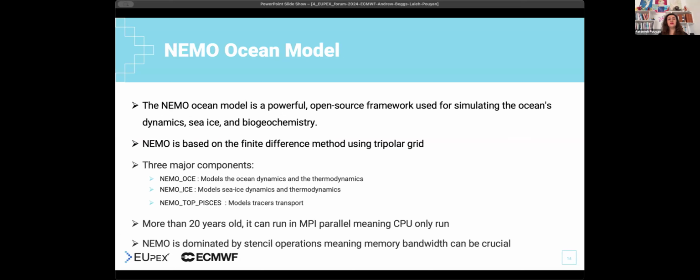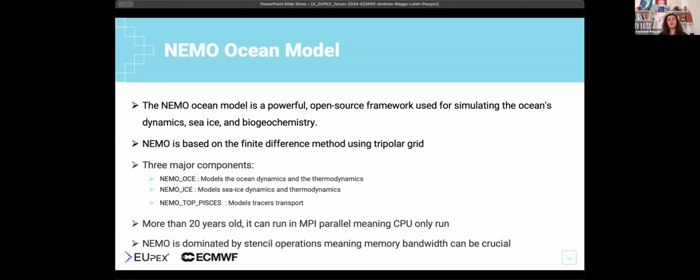As you might know, NEMO is an open source framework that's used for simulating ocean dynamics, sea ice, and biogeochemical processes. NEMO is based on the finite difference method on a tripolar grid, and it has three main components: NEMO Ocean that models ocean dynamics and thermodynamics, NEMO Ice for modeling sea ice, and NEMO Top for modeling tracer transport.